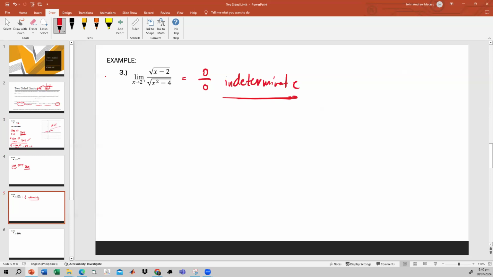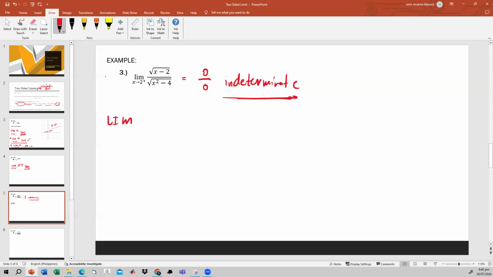Actually, if we want to know if the limit exists, maybe we can try to resort to factoring. As you can see on the denominator, this can be factored out. X squared minus 4 is a difference of squares.